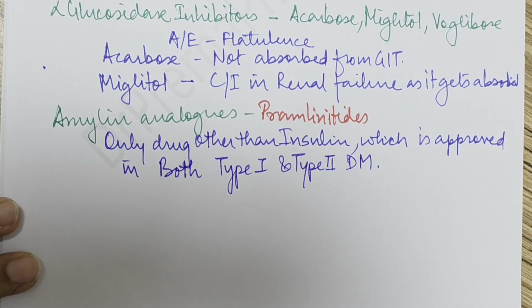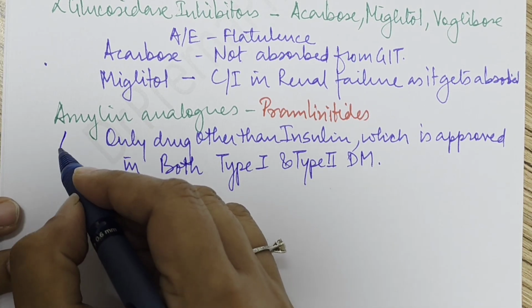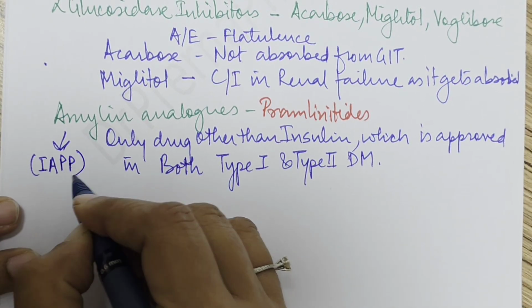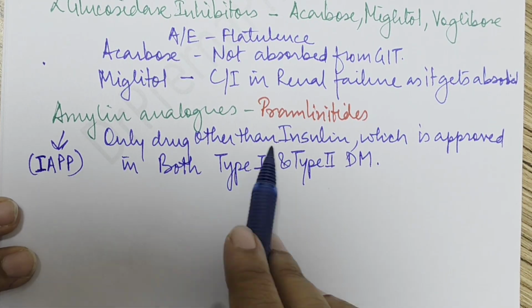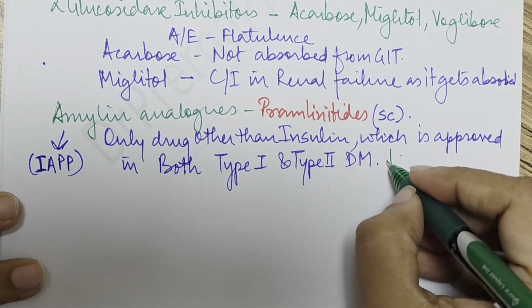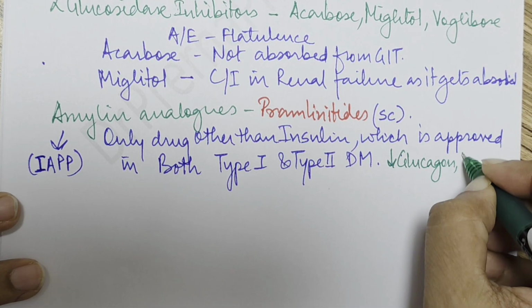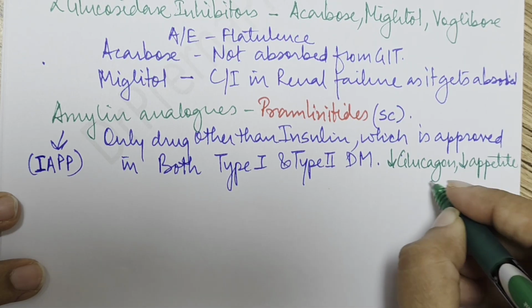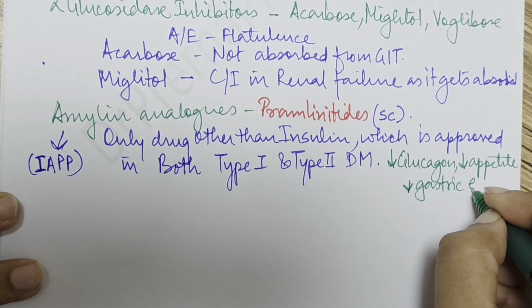So pramlintide is the only drug which is approved. ठीक है? Amylin analogs basically क्या होते हैं? There is a substance called as IAPP which is secreted along with insulin, and amylin analogs act like that. So this pramlintide is given subcutaneously. It is known to decrease glucagon, decreases appetite, and decreases the gastric emptying also.